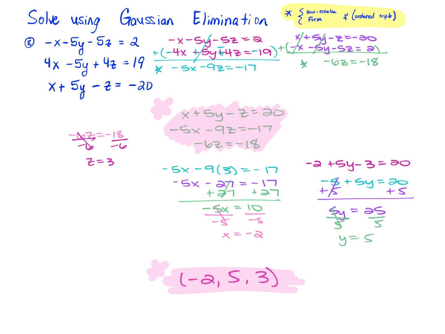Hold on. So if this was negative, that means this one is negative. This one is negative. This is negative 15. And then this would be negative 3. Oops. Say that again?